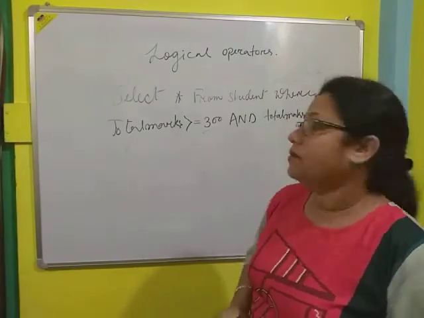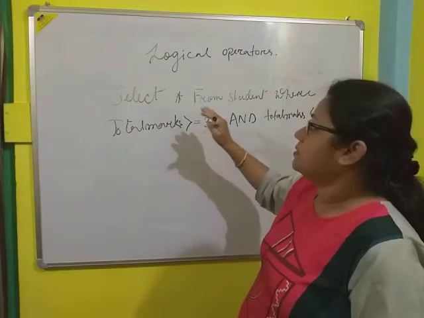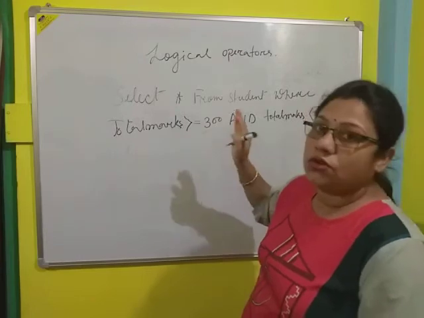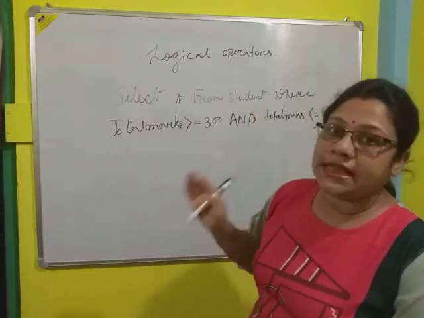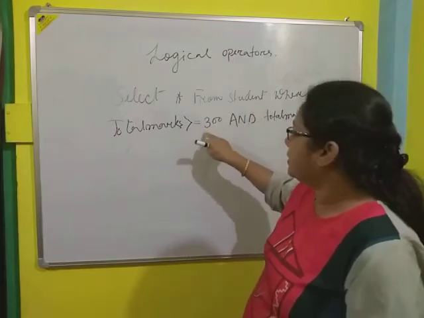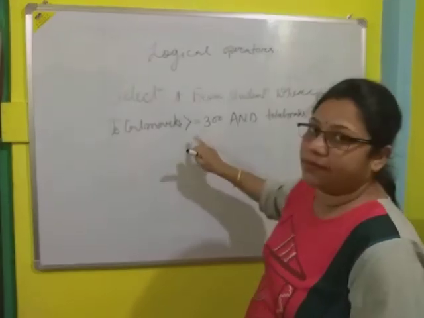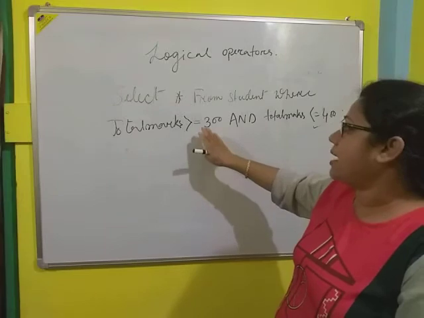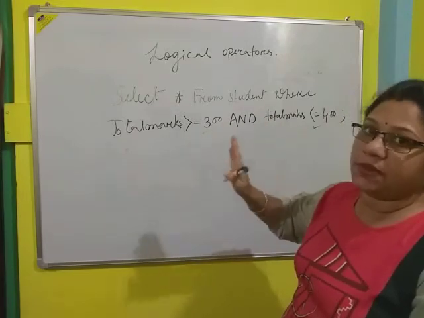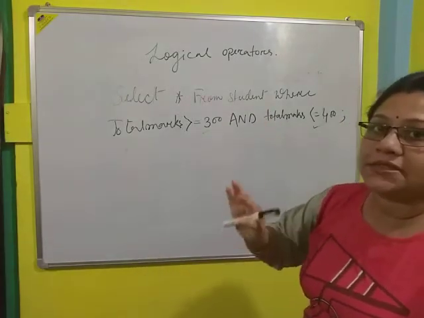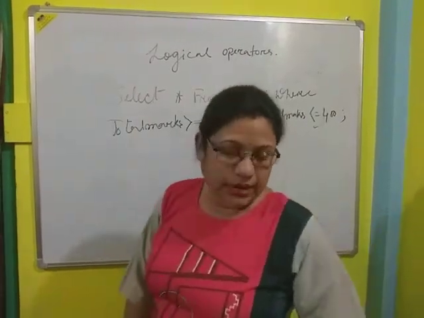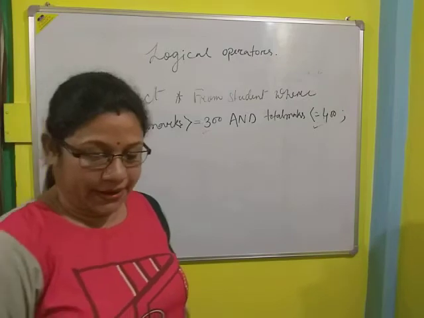So that means when we execute this query, only 2 rows satisfy both these conditions. Because we are using the AND operator here, both the conditions must be satisfied or must be true.